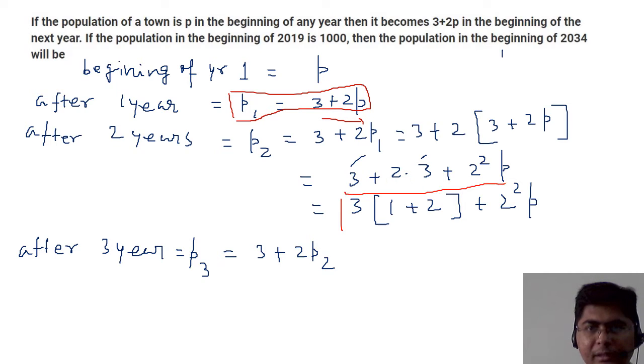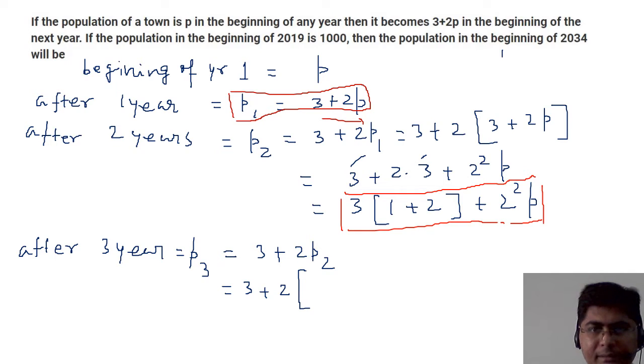This is the value of P2, right? So let's say 3 plus 2 in a bracket, 1 plus 2 plus 2 square P.